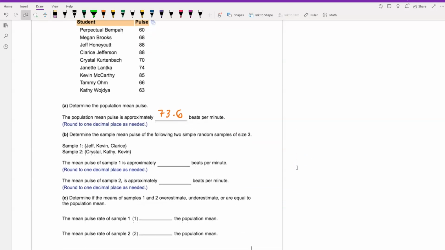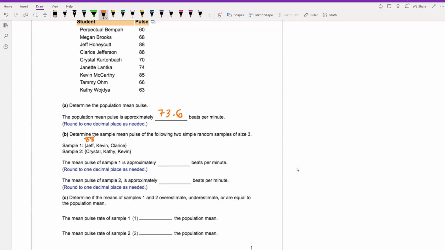Part B, determine sample mean. Here, our sample size is 3. We have sample 1 and sample 2. So for each one of these, the sample size is 3, and we have Jeff, Kevin, Klaus. So finding the numbers that we have for each one. For Jeff, we have 88.